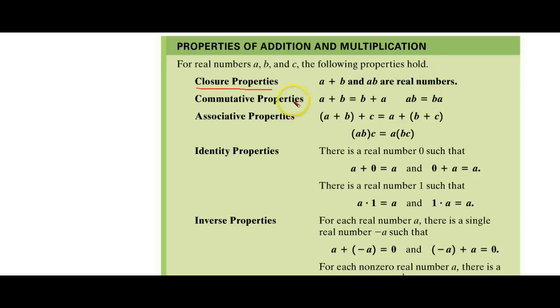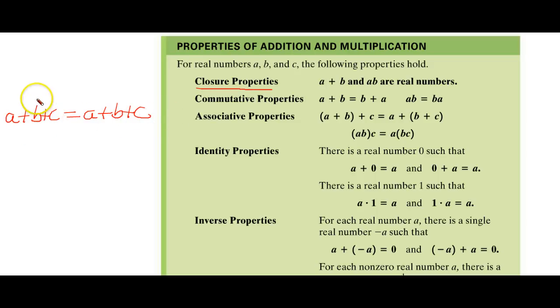The commutative property of addition says that we can add A plus B and just switch around the order, B plus A. That's true for multiplication, AB, BA, and addition. The associative property, I like to show it this way. A plus B plus C equals A plus B plus C. The order is exactly the same.